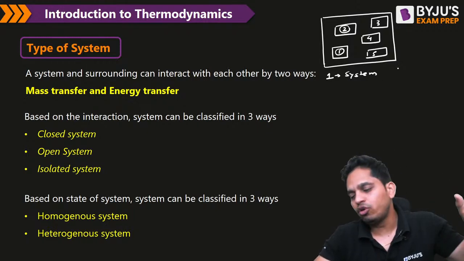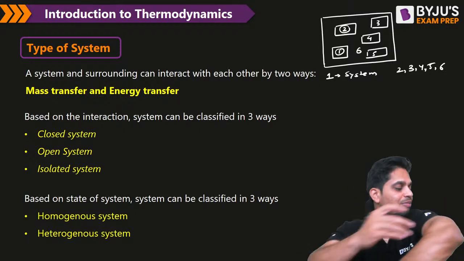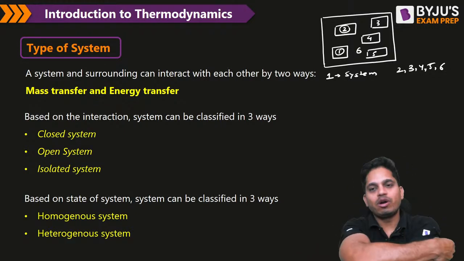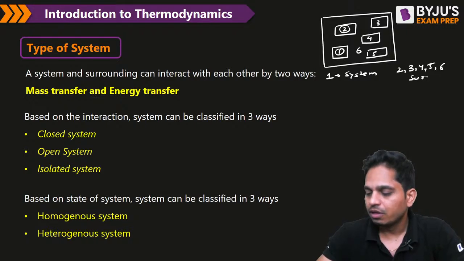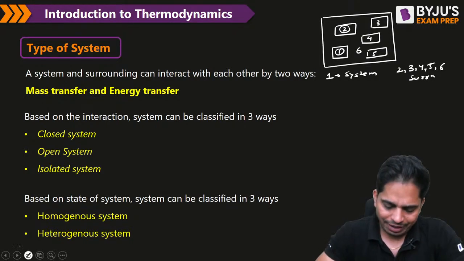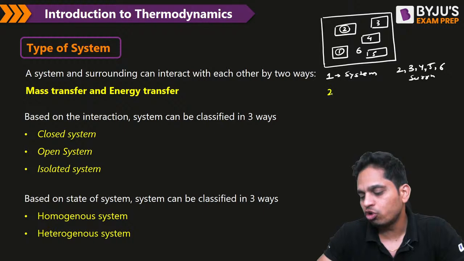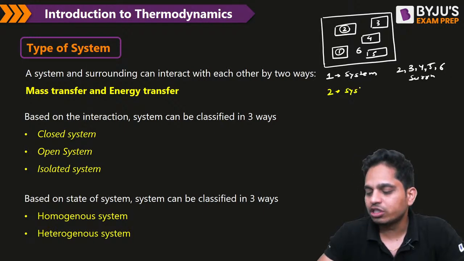Everything else, that is, 2 3 4 5 and 6, so 6 is what? 6 is this part. So everything else is what? Surrounding. Similarly, at some other time, if you want to focus on 2, then the second is your system. Everything else, 1 3 4 5 6, is what? Your surrounding.